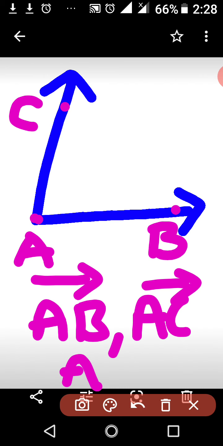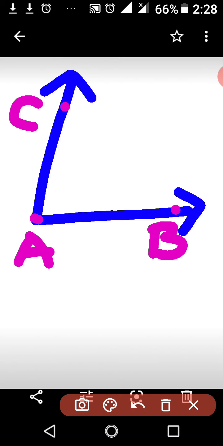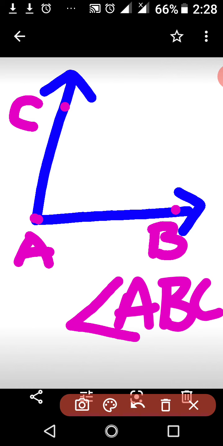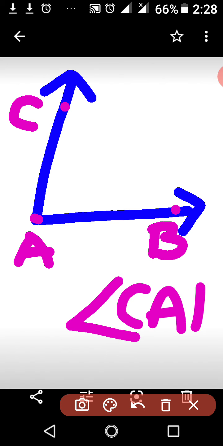An angle is denoted by this symbol. For example, angle A, or angle ABC, or here for the diagram angle CAB.